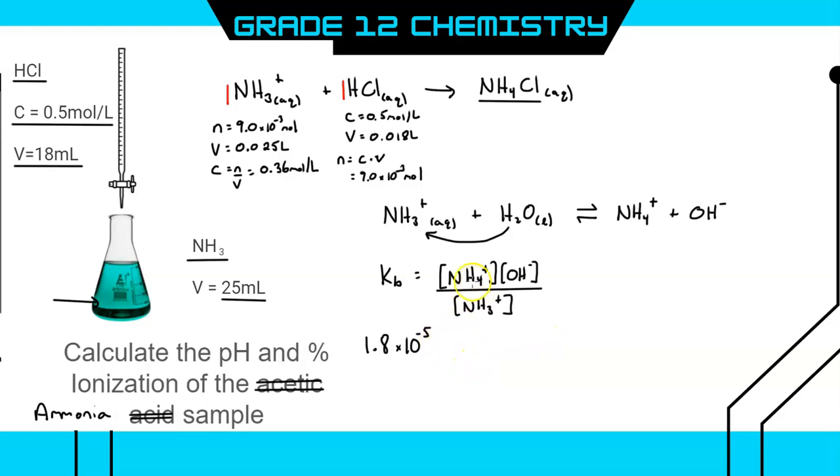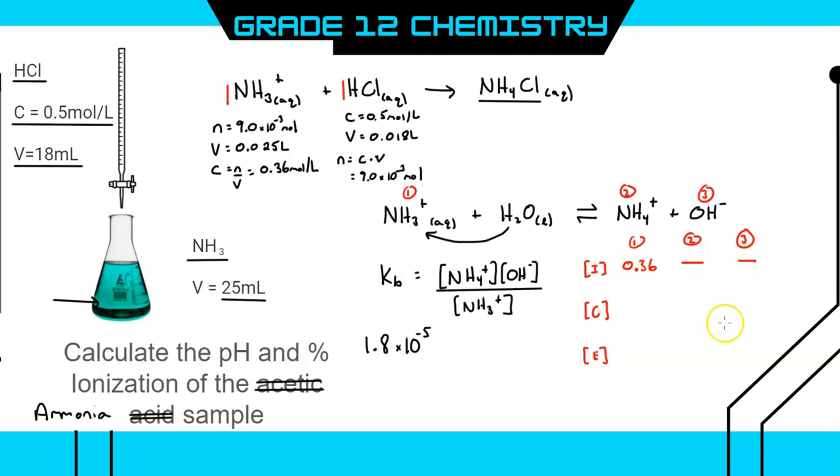And now what are our equilibrium concentrations? Let's make our ICE chart to figure out what those will be. So initial, change, and equilibrium. And we'll do 1, 2, 3 because I am lazy. Our initial concentration of ammonia, we figured out what that is. It's 0.36.